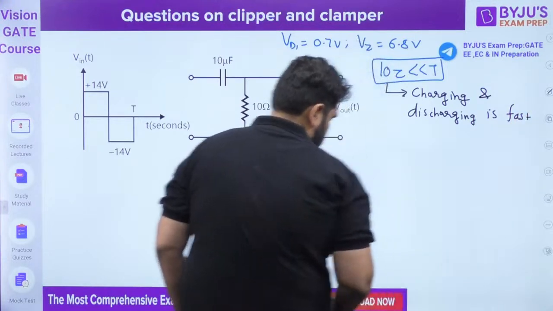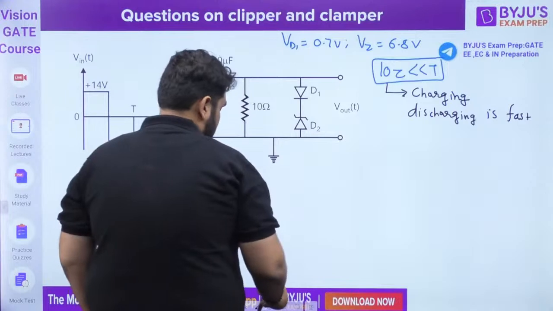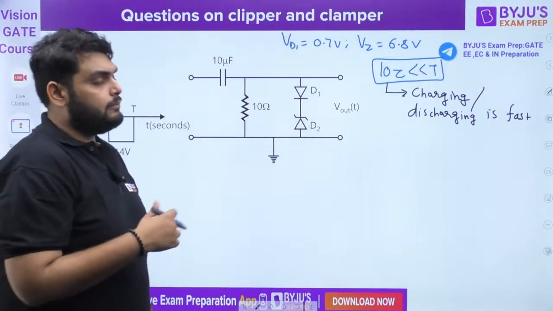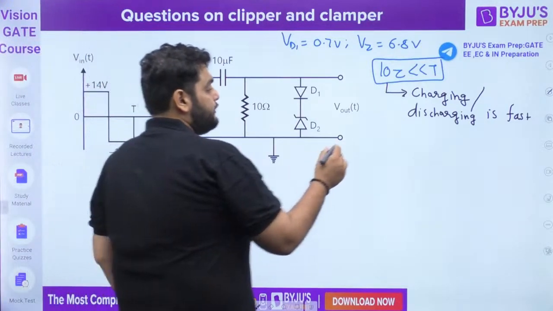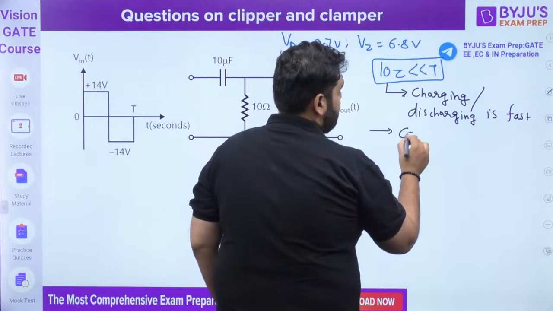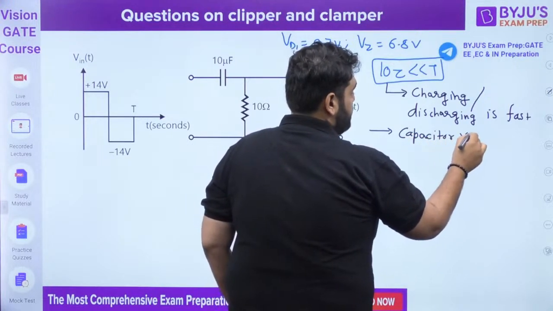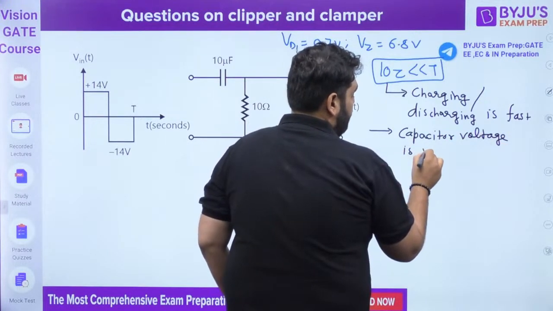Both are fast, depending on whether the resistor is present or not. So charging and discharging is fast. It means in this scenario, the capacitor voltage is not constant.